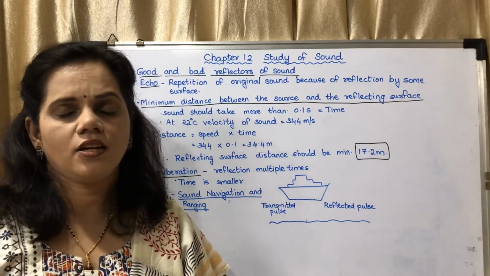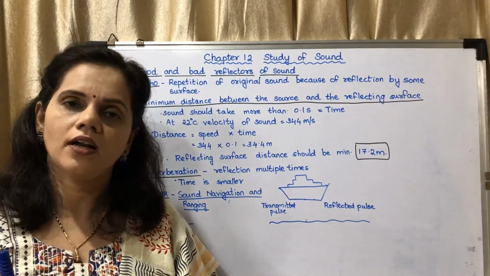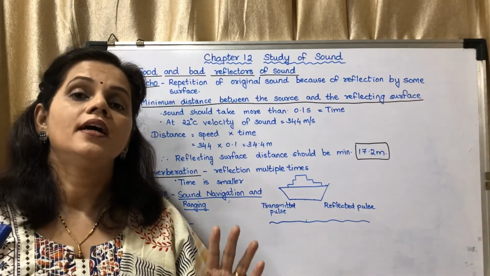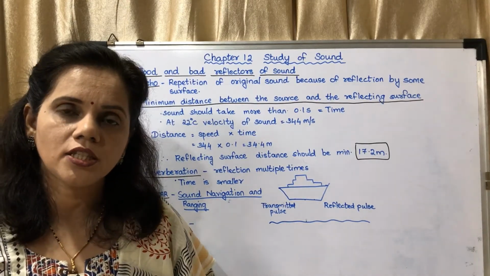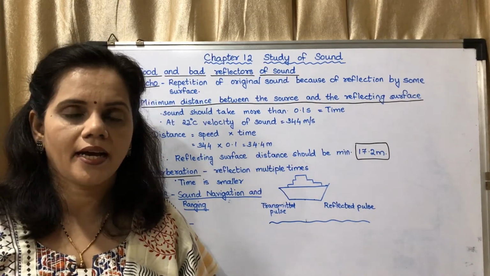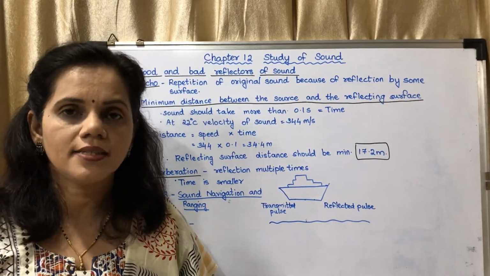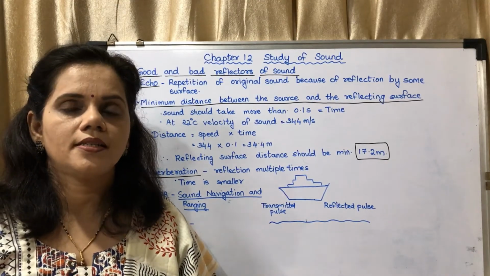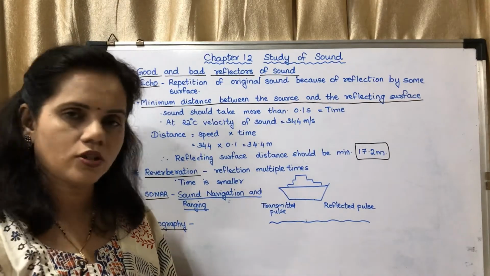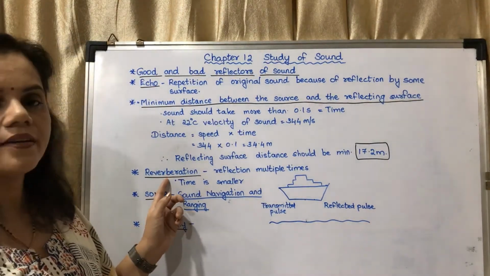In our normal language we call it an echo, but in physics it is not an echo, it is said to be reverberation. So reverberation is reflection of sound which takes place multiple times and we are not able to understand what the person is talking about. That is called reverberation.